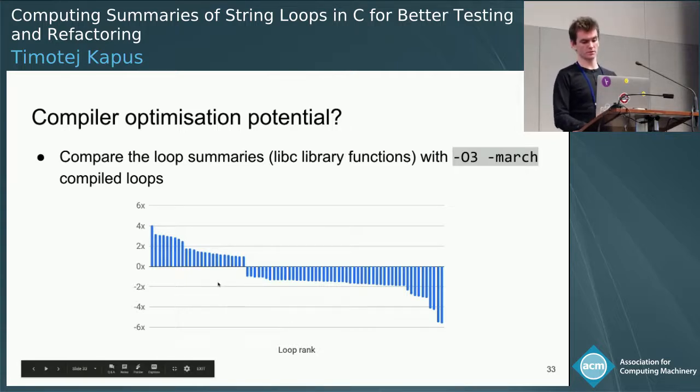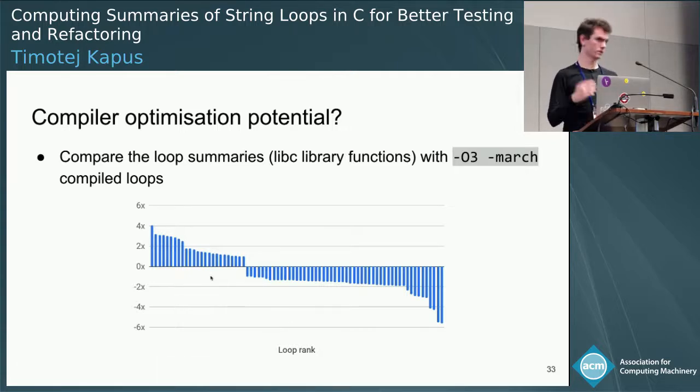The cases where it's faster are like strchr loops, where you can use vectorization. The slow cases are mostly strspn loops, because the libc implementation basically builds a table at each call, which is expensive if you just have a couple of characters, which is what all the loops we have do.